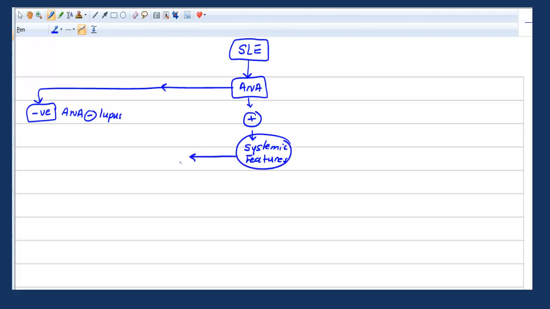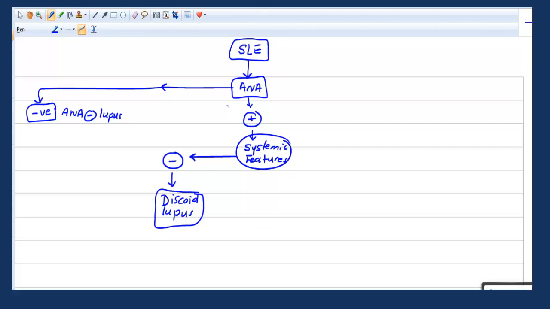If systemic features are not present, your answer will be discoid lupus. This is the only type of lupus with no systemic features, but basically ANA positive, guys.